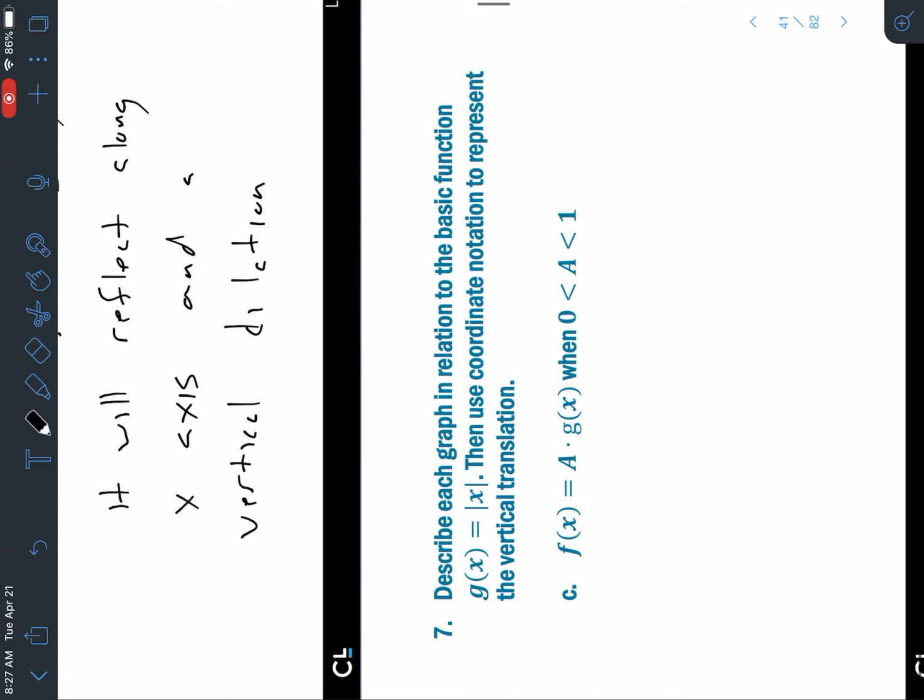Now this one is a little bit more tricky. So a is greater than 0 but less than 1. Okay? So this is going to be a vertical compression. The graph will have a vertical compression.